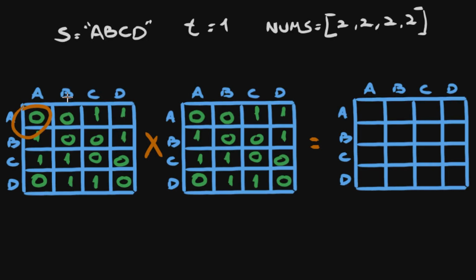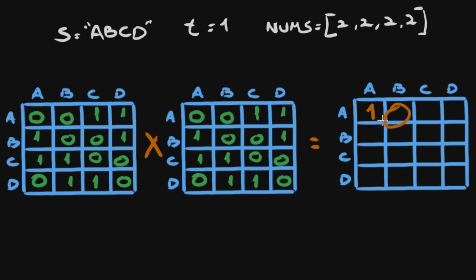First we take 0 times 0, which is 0, plus 0 times 1, which is 0 also, plus 1 times 1, which is 1, plus 1 times 0, which is 0. This is 1, so we put a 1 in the first position.